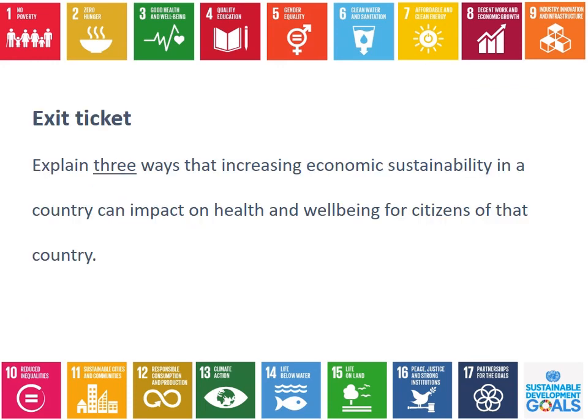All right, that's everything for today on economic sustainability. The last thing I want you to do, and this might take 5 or 10 minutes to really think about properly, is to think of and then explain 3 ways that increasing economic sustainability in a country can impact the health and well-being of citizens of that country.